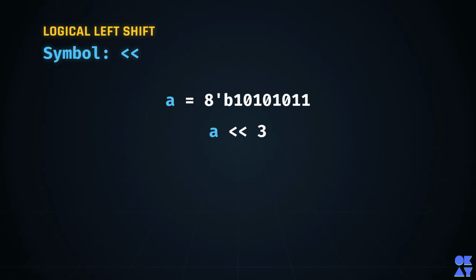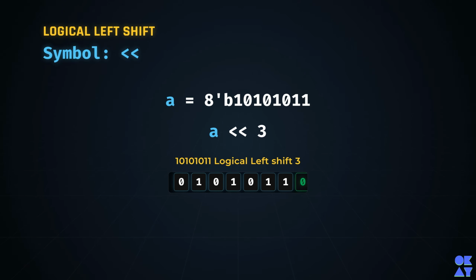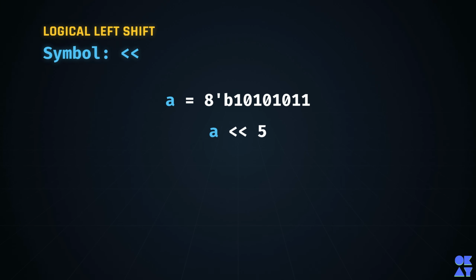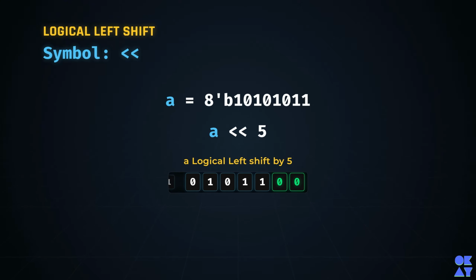Let's shift it by 3. A logical left shift by 3 of 10101011 is 0101100. Now let's shift by 5. A logical left shift by 5 is 0110000.